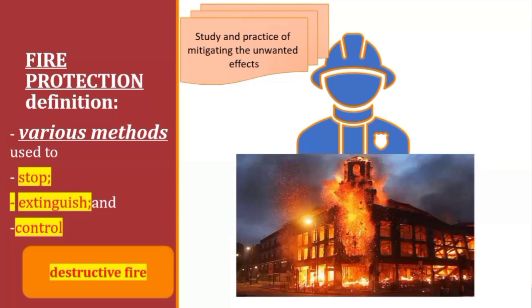Fire protection refers to measures taken to prevent fire from becoming destructive, reduce the impact of an uncontrolled fire, and save lives and property, especially when there are people inside of the building.